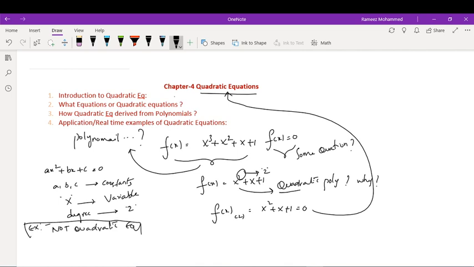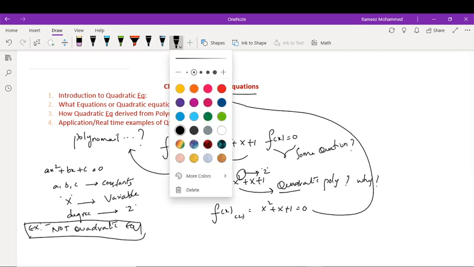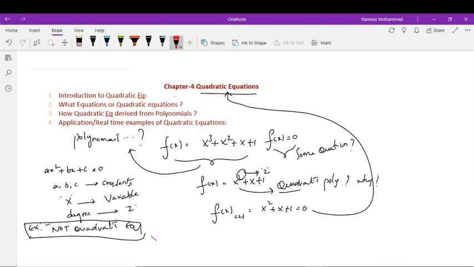Examples. See, these are the examples. When you have something in the form of root x plus x squared plus 1 equal to 0, this is not a quadratic equation. When you have x to the power of 1 by 3 plus x plus 1 equal to 0, then it is also not a quadratic equation.